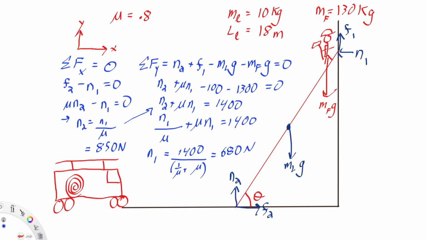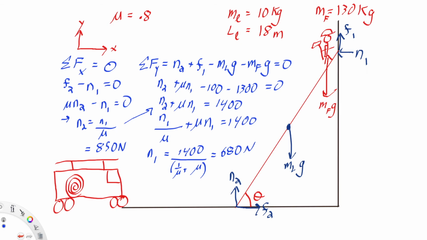What are we missing? I don't know. We put in all the masses that we knew. What is it we were actually looking for in this problem, though? Right? What did we want out of this problem?